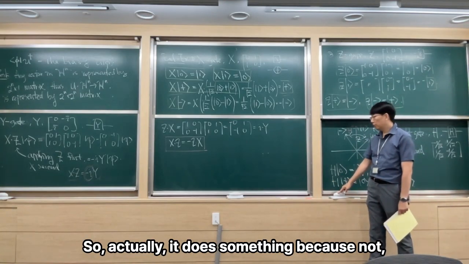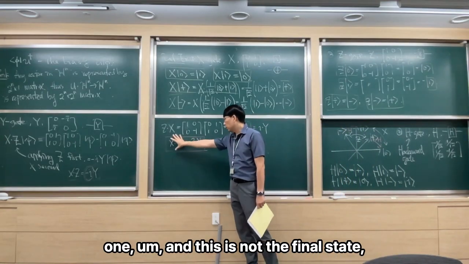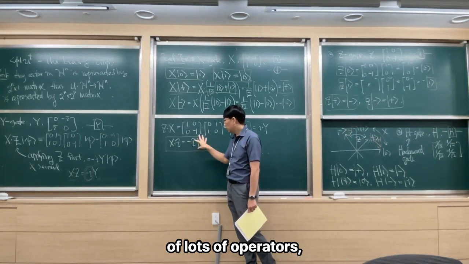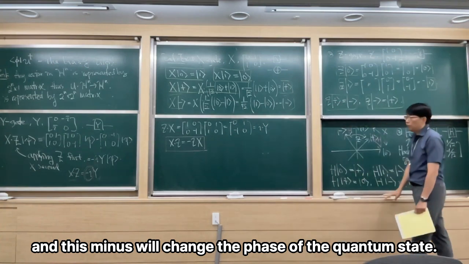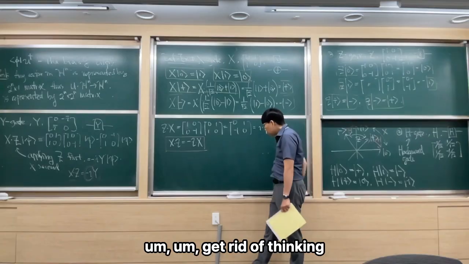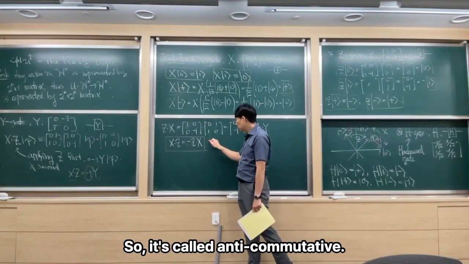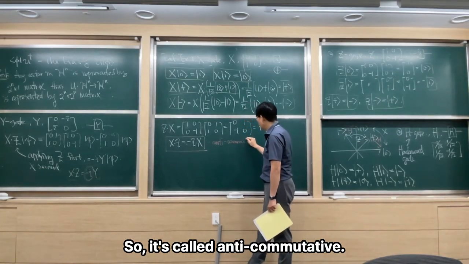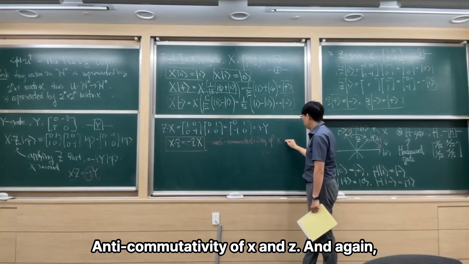It does something, because this is not the final state, and sometimes you have a linear combination of lots of operators, and this minus sign will change the phase of the quantum state. So you want to keep the order of X and Z, and you don't want to get rid of thinking about this minus 1 here. That's very important. It's called anti-commutativity of X and Z.